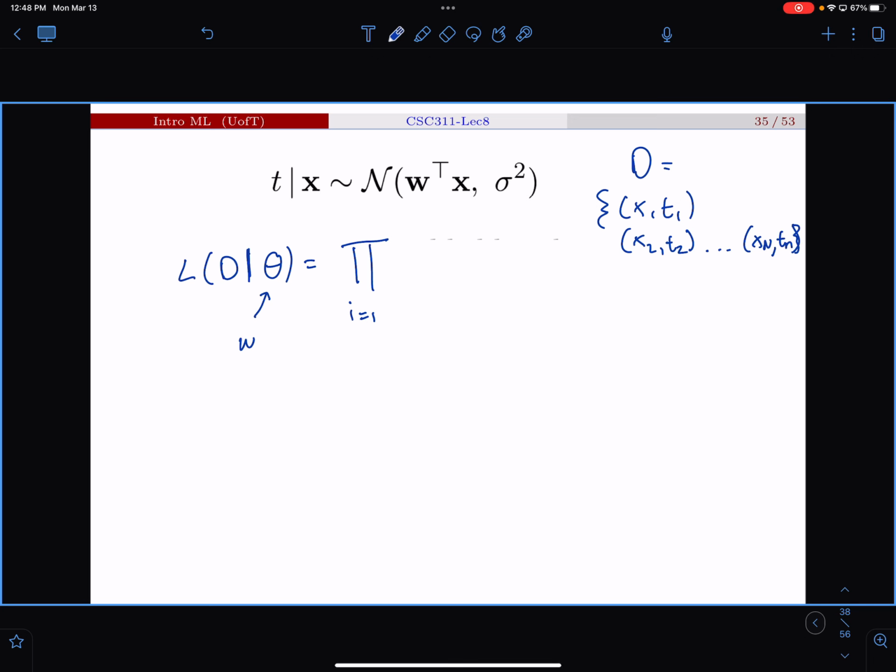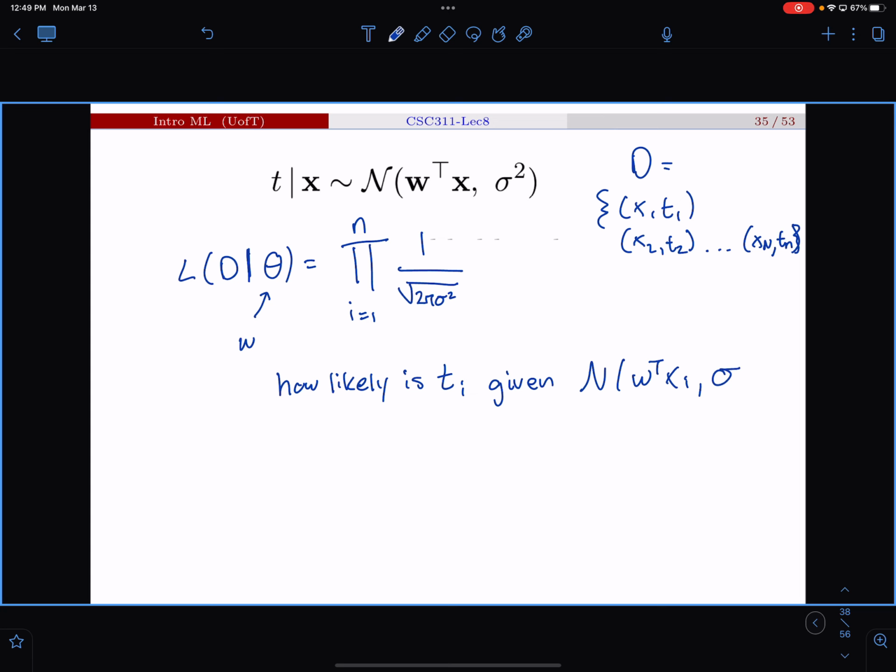It's going to be a product over i equals 1 to n. And we have to write out the formula for the Gaussian here. Each term is asking how likely is t_i given normal W transpose x_i.